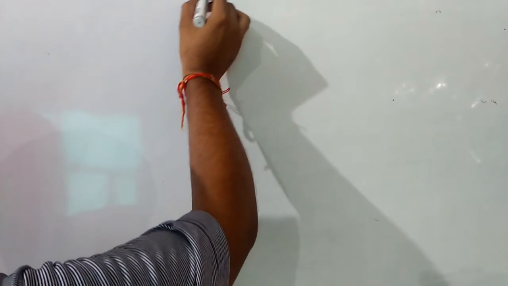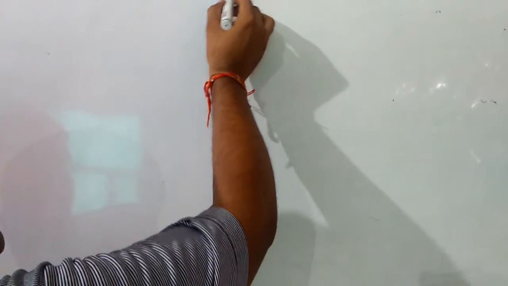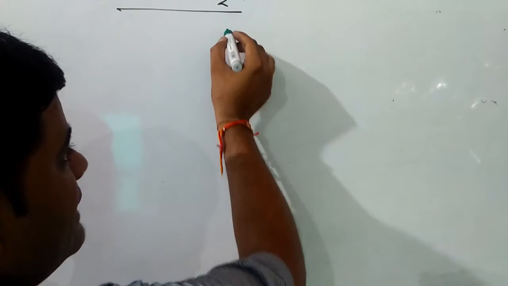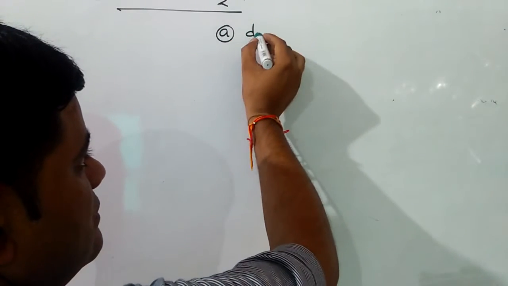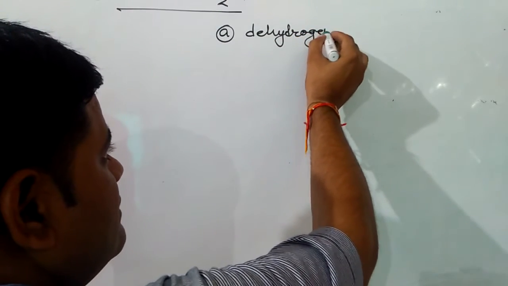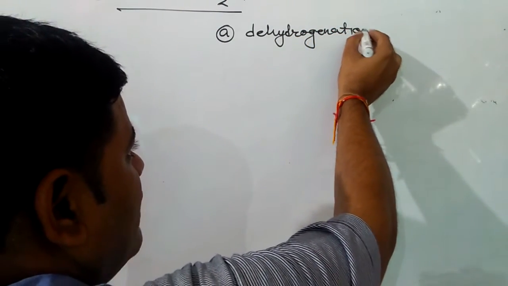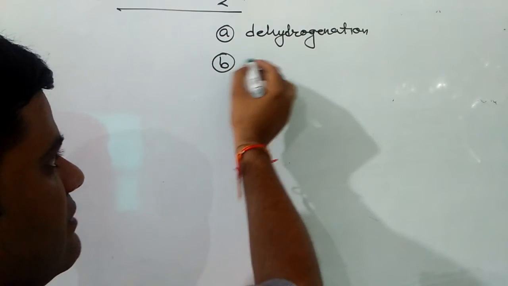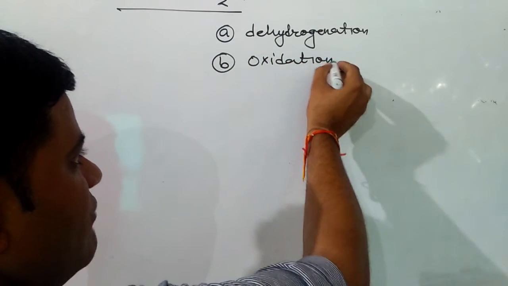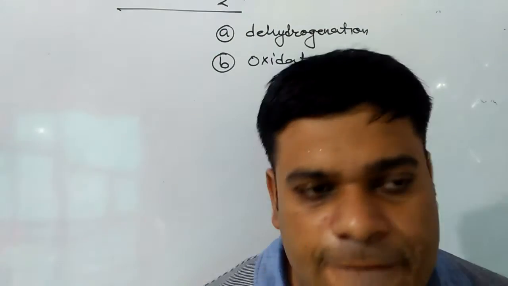Here, alcohols can be changed into aldehyde and ketone by 2 methods. The first method is the dehydrogenation method, and the second one is the oxidation method.